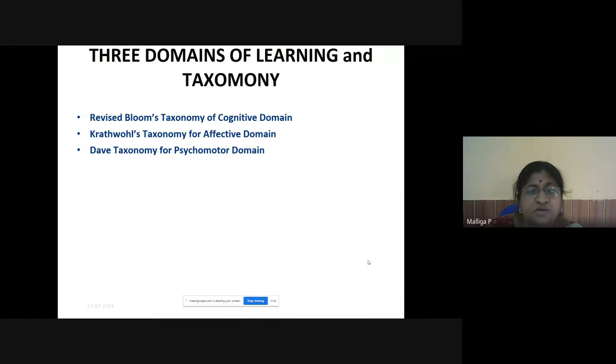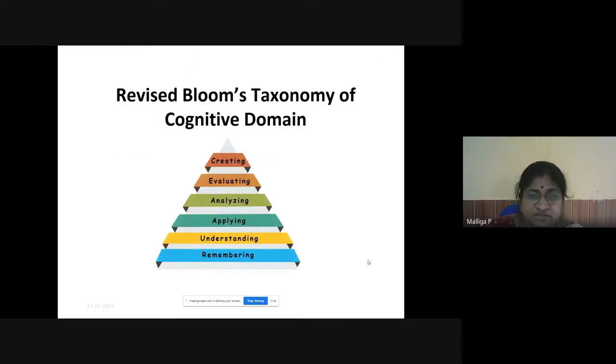Here, this is the revised Bloom's taxonomy, where in 1956 Benjamin Bloom devised this taxonomy for the cognitive domain of learning. It is hierarchical in structure from lower to higher, and it has 6 levels.